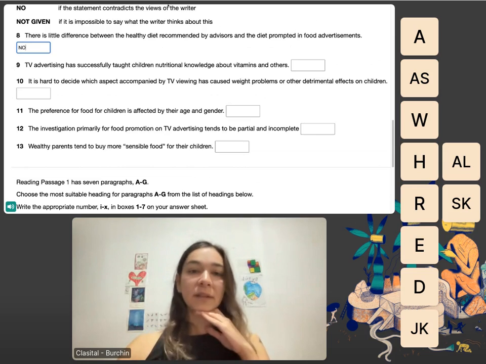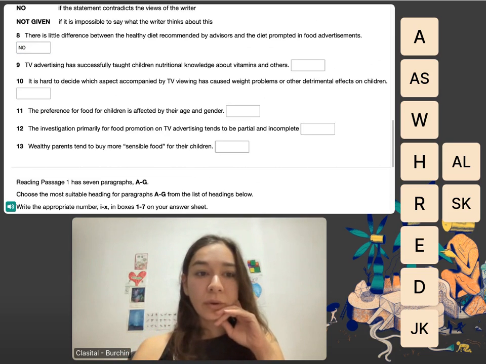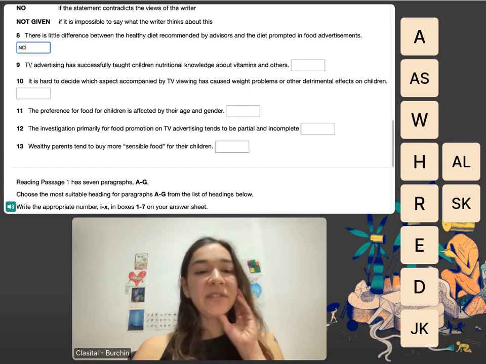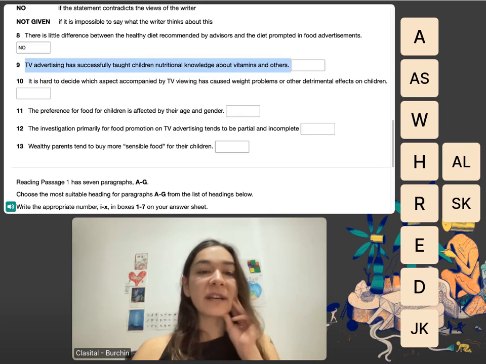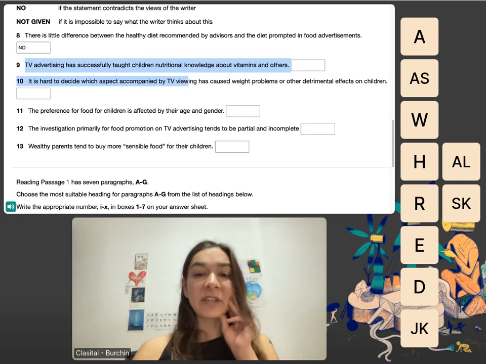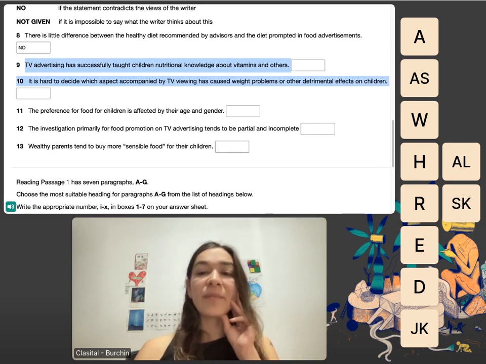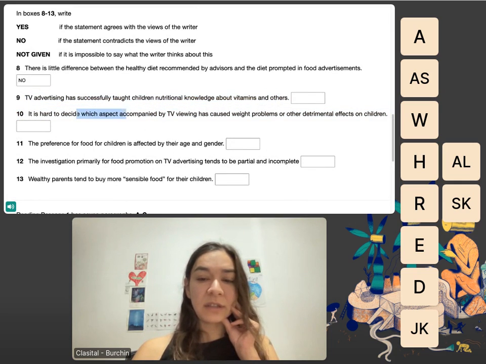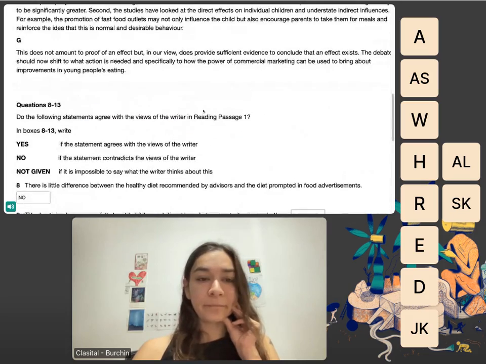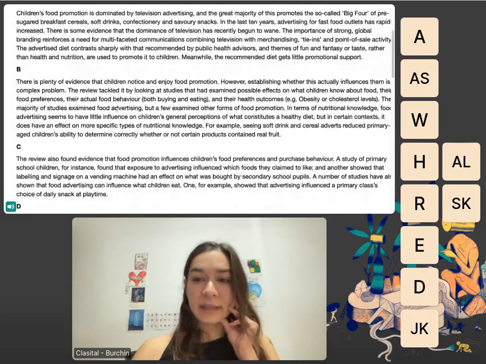Okay. Let's continue. It says TV advertising has successfully taught children nutritional knowledge about vitamins and others. It is hard to decide which aspect accompanied by TV viewing has caused weight problems or other detrimental effects on children. Nutritional knowledge and TV viewing. Where was I? Here.